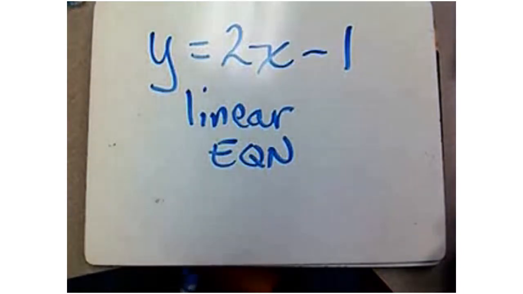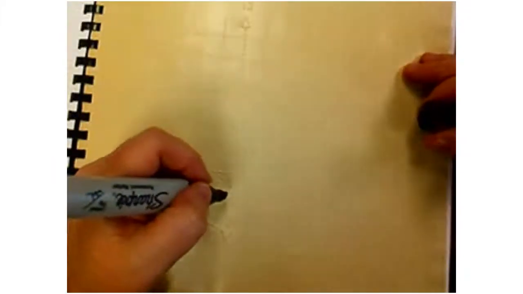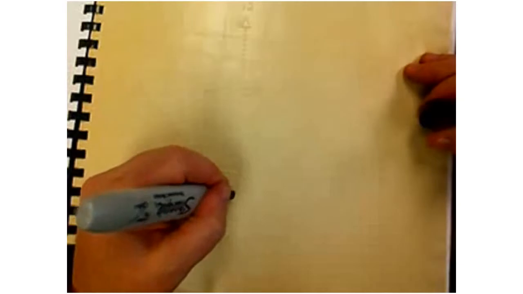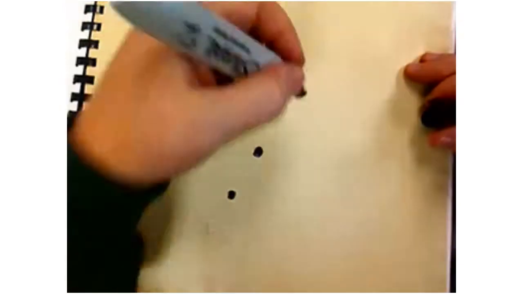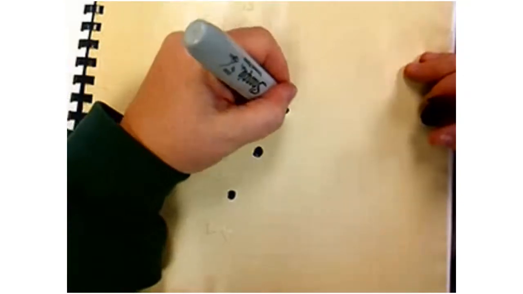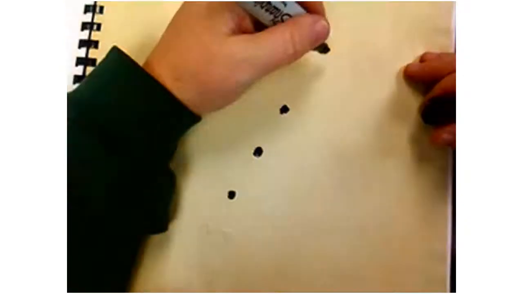So the next Braille page is a graph of the ordered pairs that you just solved for in that table. You have your x and y axis, and they plotted each one of the points: 0, negative 1; 1, 1; 2, 3; and 3, 5.